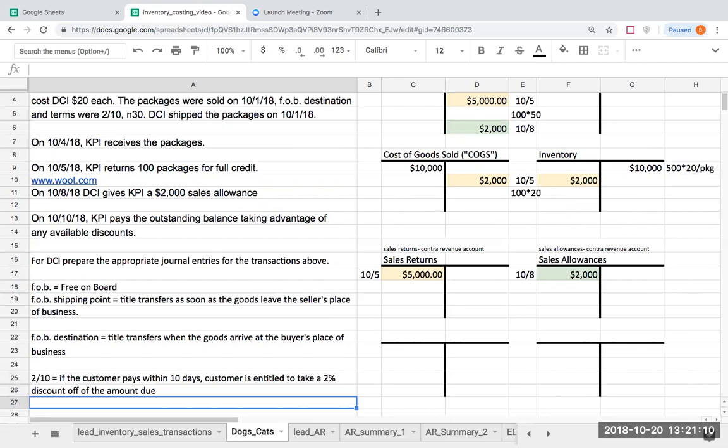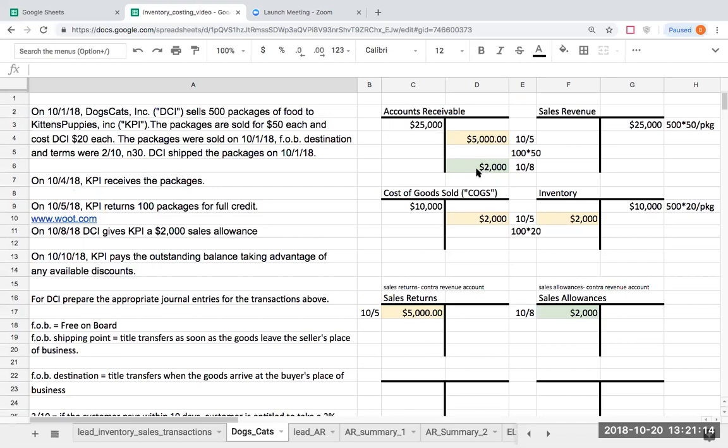And what this essentially means is, well, if I owe $18,000 or 25 less 15 and 2, I can take a 2% discount as long as I'm paying within 10 days. Now, many of you might be saying, Tchaikovsky, does that mean 10 business days? Does that mean 10 days from the date that KPI received it?